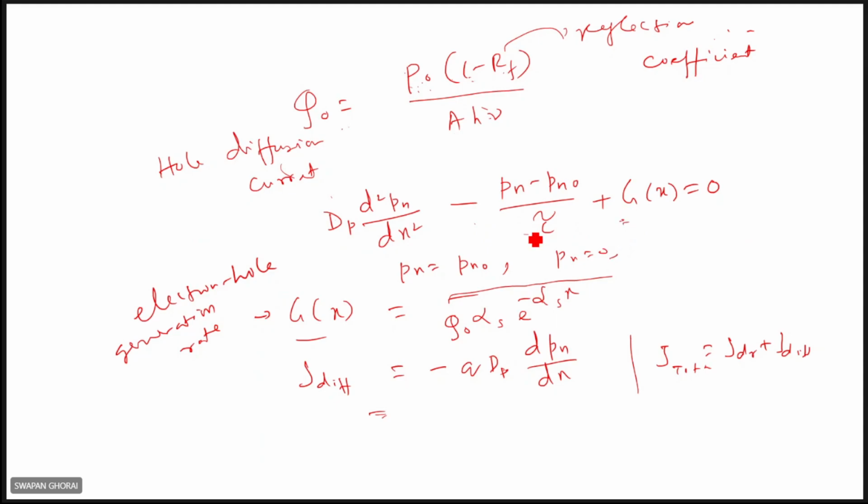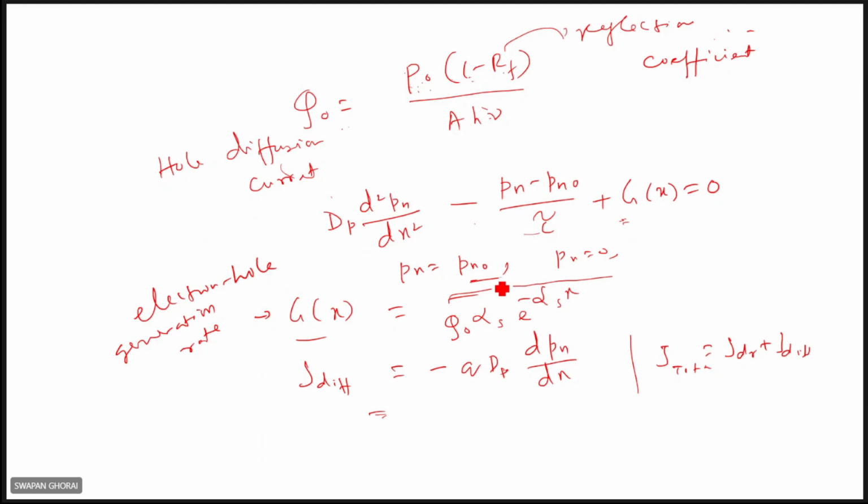And if you solve these equations, you can find out the Pn with the initial conditions: Pn equal to Pn0 when x equal to 0, and when x equal to infinity, Pn equal to 0.